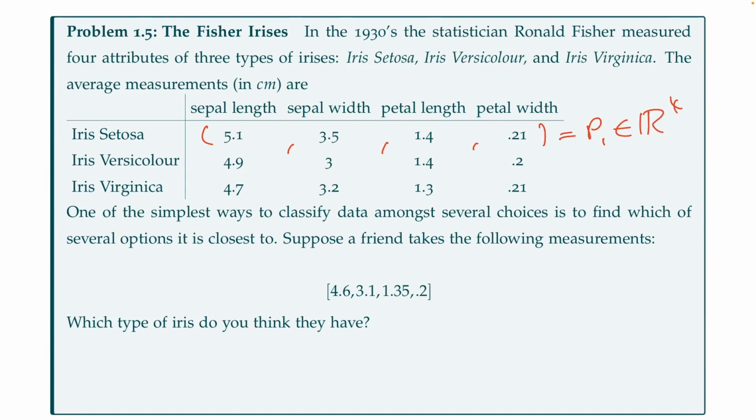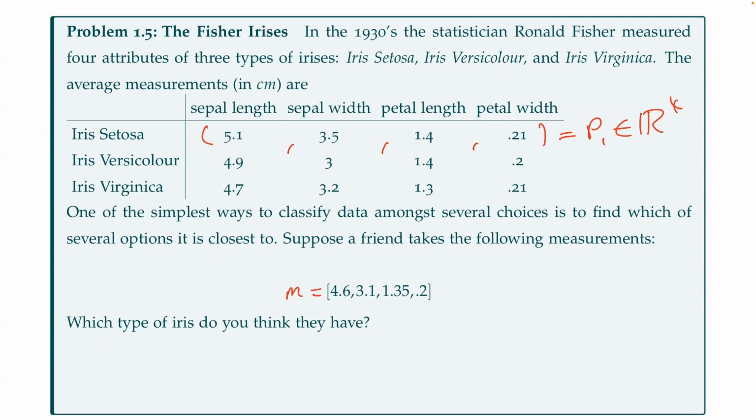Suppose you go out into the field and you find an iris and you measure some characteristics about the iris, exactly the same characteristics we have here. Let's call this M. And we have these different measurements. Now, obviously, there's always variation within a population, right? Not every flower is identical to every other flower. But you know that on average, certain flowers within one species are going to be more similar than flowers in another species.